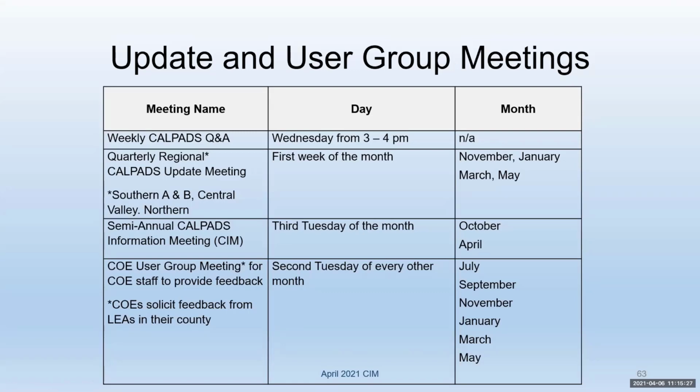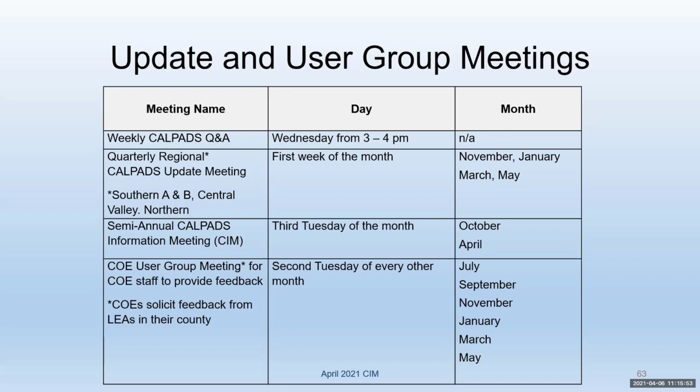Okay, so we wanted to give you some updates on how we plan on communicating with LEAs throughout the year. So I've been working on a new communication plan for the 2021-22 school year. And so here is what we are planning on doing for you guys in the 2021-22 school year.